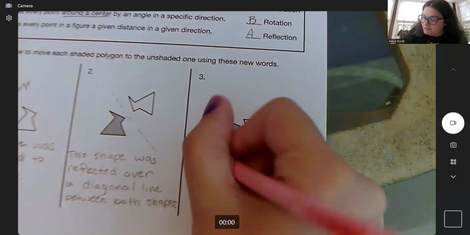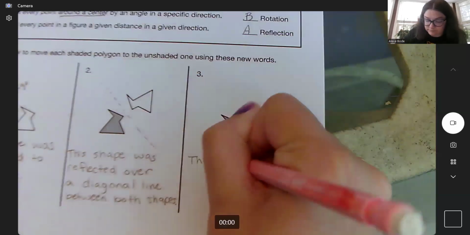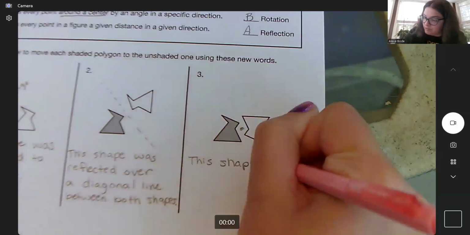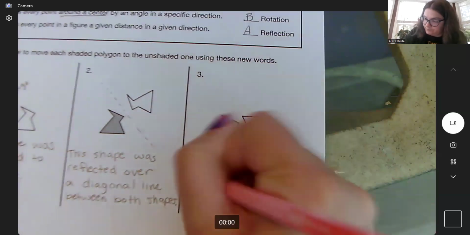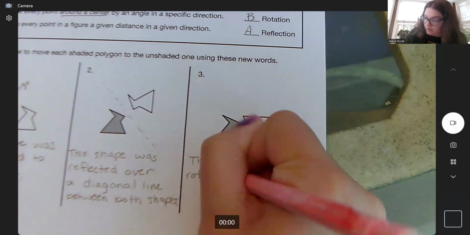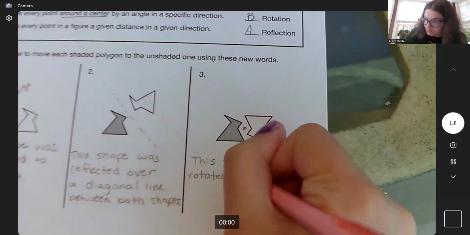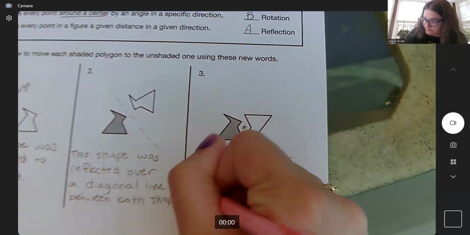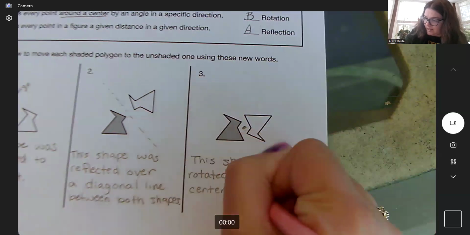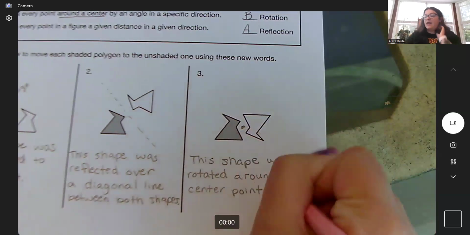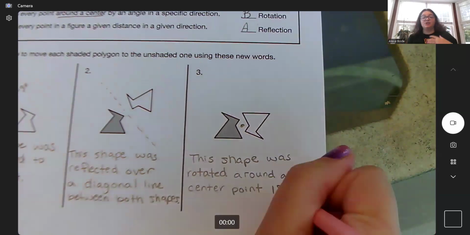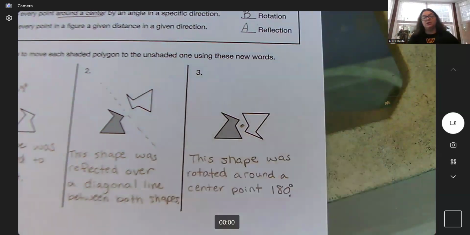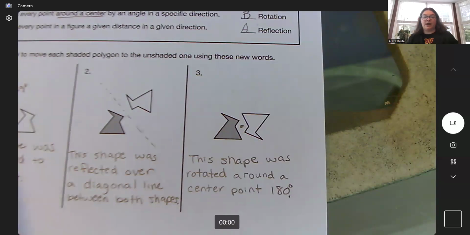So this shape was rotated around a center point 180 degrees. Again, we'll talk more about rotations and describing the full rotation around next week. But the big thing is knowing our vocab words.